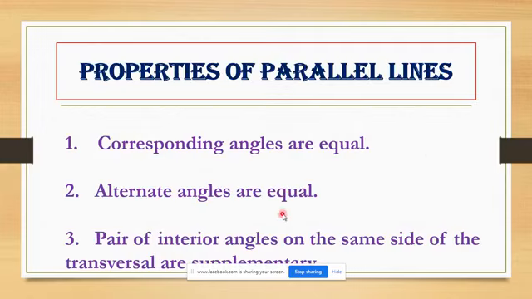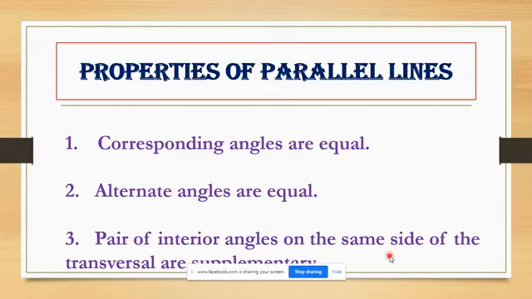Alternate angles are also equal, and there are two pairs of alternate angles. Pairs of interior angles on the same side of the transversal are supplementary, meaning the sum of the measurements of two angles is 180 degrees, and there are two pairs of such interior angles.